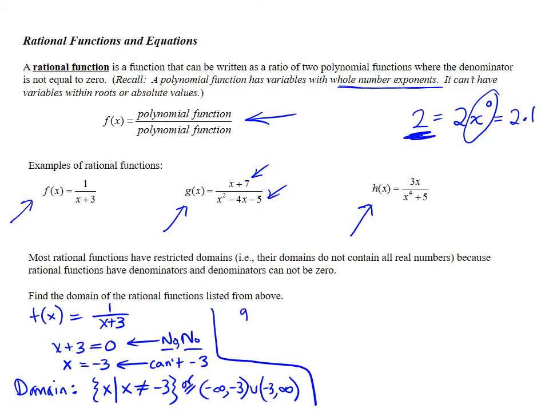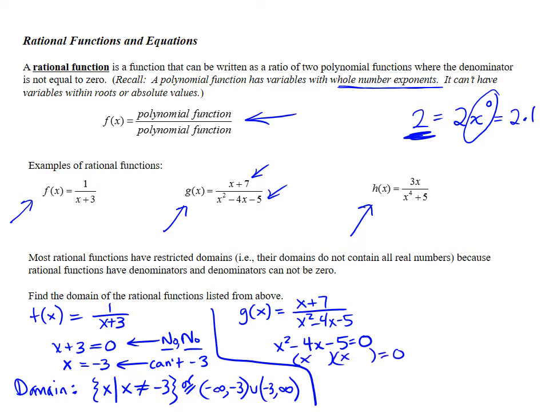The second function we have listed here, g of x is equal to x plus 7 over x squared minus 4x minus 5, has a more complicated denominator. It's got a trinomial in the denominator. So when we go to think about where that might be 0, we're going to have to factor to solve and use the zero product principle.